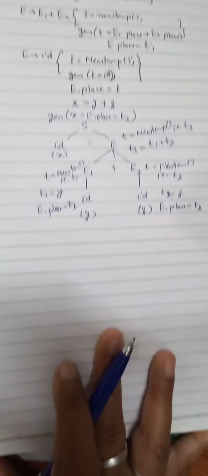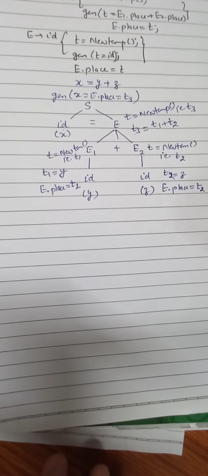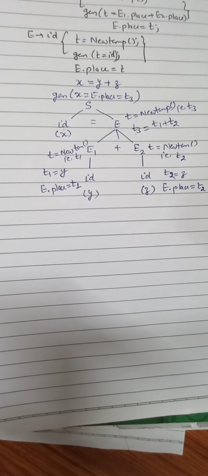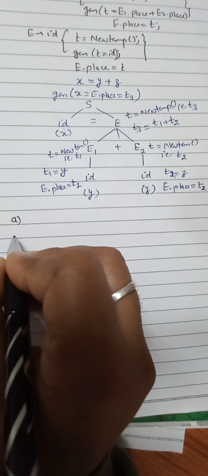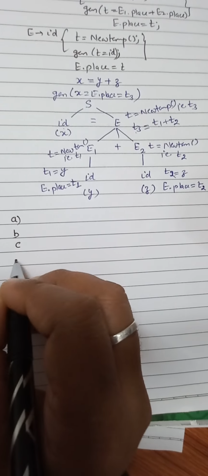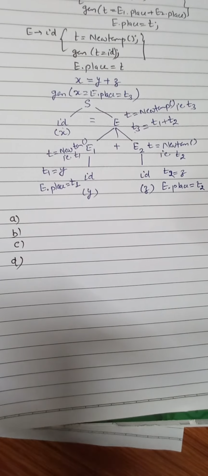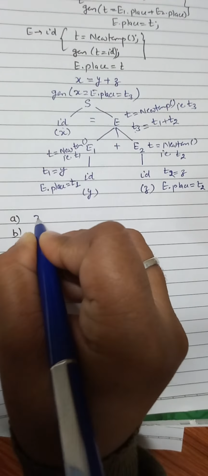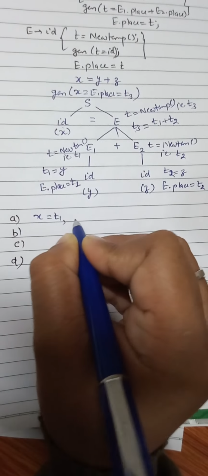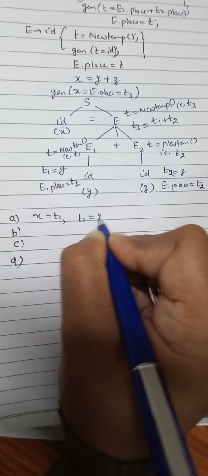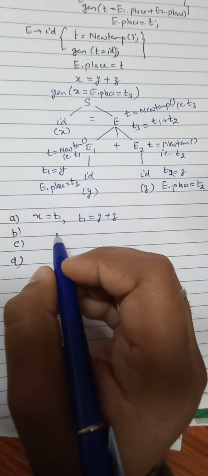Suppose we have four options in a question, so what will be the answer? We will see what is the optimal code. Suppose option A is x is equal to T1, and T1 is equal to y plus z.